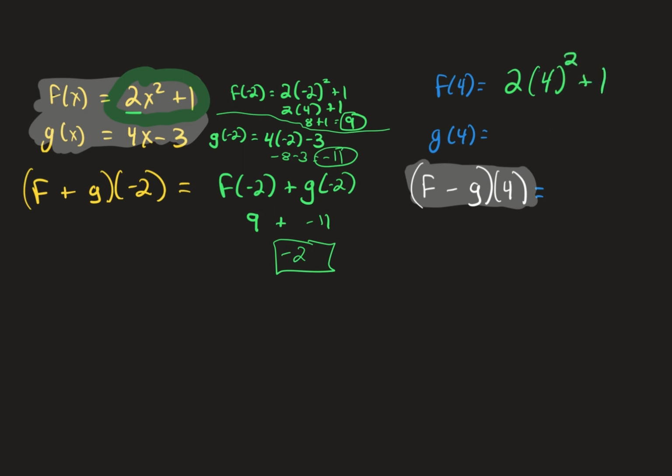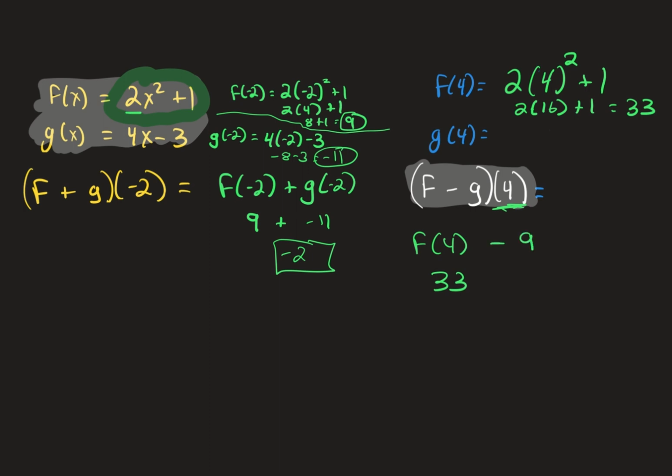So again, all I've changed from my original function is the value that they told me, which in this case was 4. Again, you had to follow order of operations. So this is going to be 2 times 16 plus 1. 2 times 16 is 32. 32 plus 1 is 33. So f of 4 is 33.